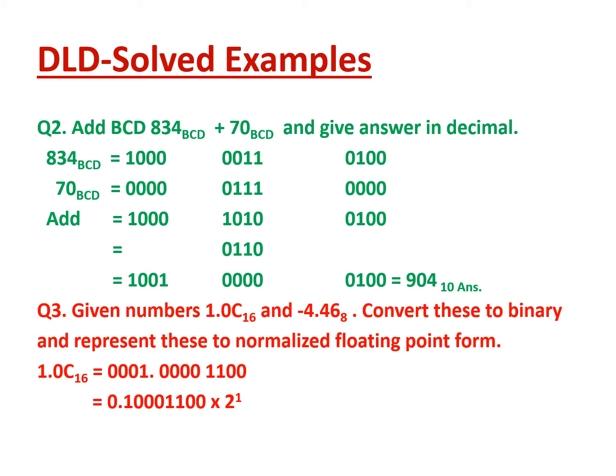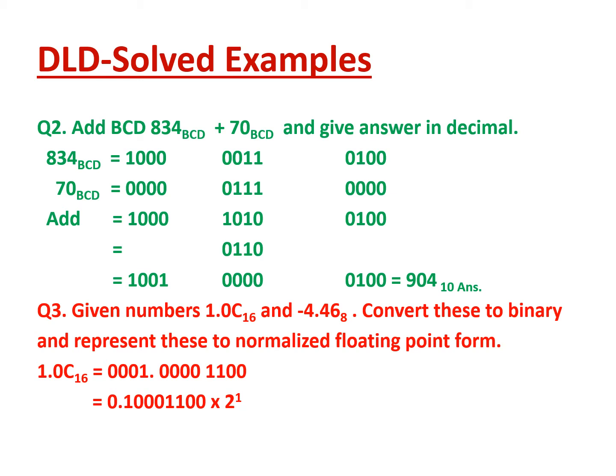Similarly, 70 is a 2-digit number, so first 0000 will come, and then the binary of 7 is 0111, and the binary of 0 is 0000.